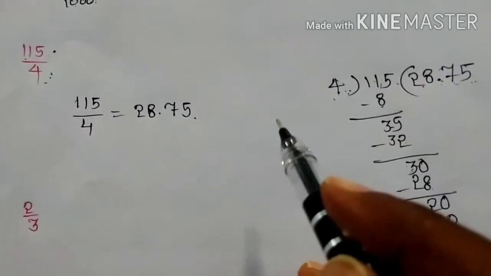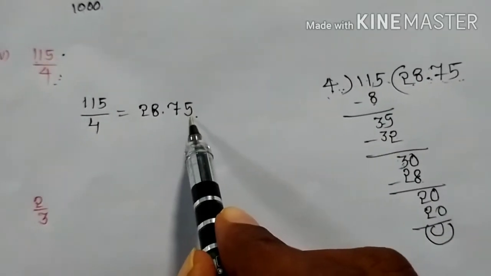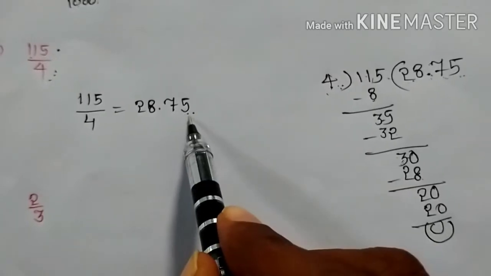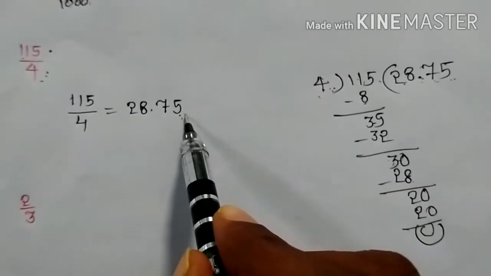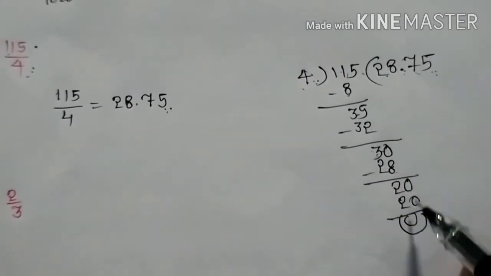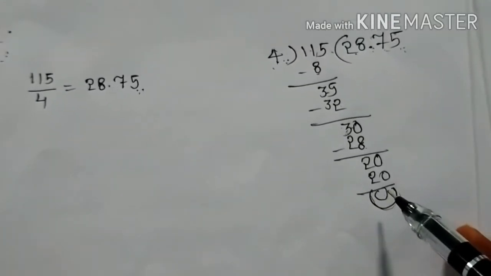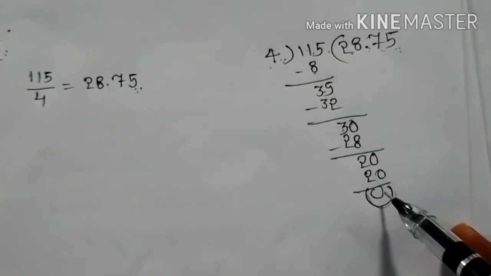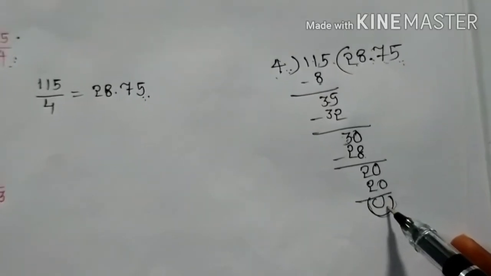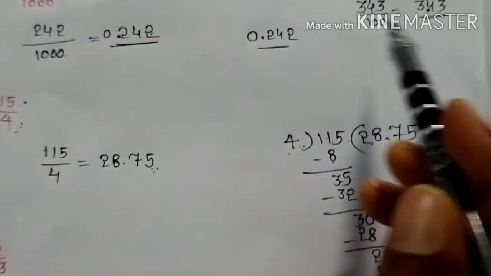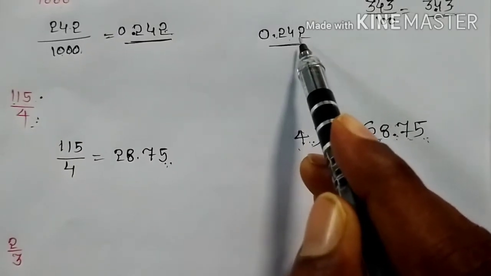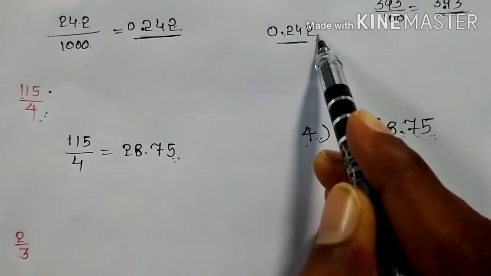So 115 by 4 is equal to 28.75. Now is this a terminating decimal or a non-terminating recurring decimal? Is it terminated or not? We have stopped here, that means we are getting remainder 0. Those rational numbers for which we get remainder 0 are called terminating decimals. Here also we got 0.242, which is a terminating decimal.